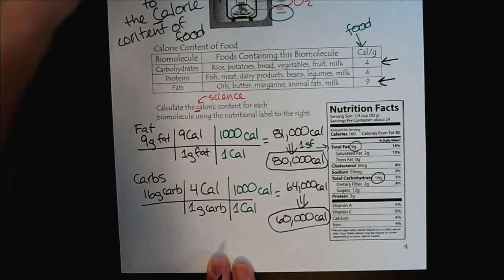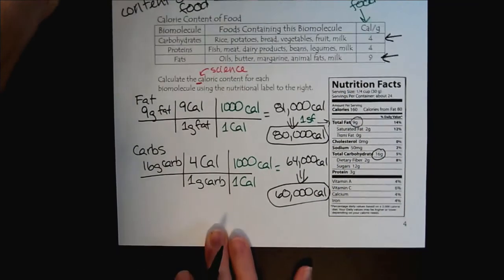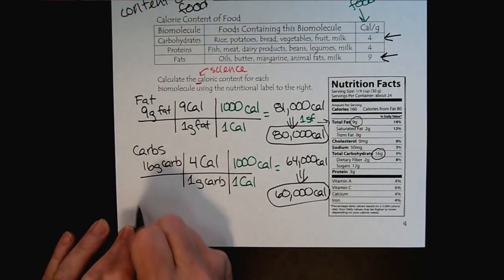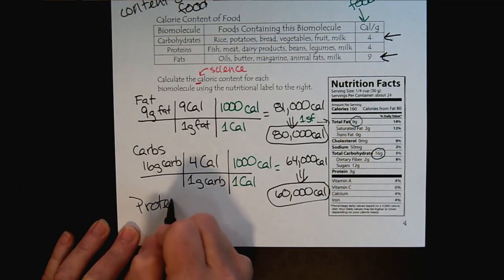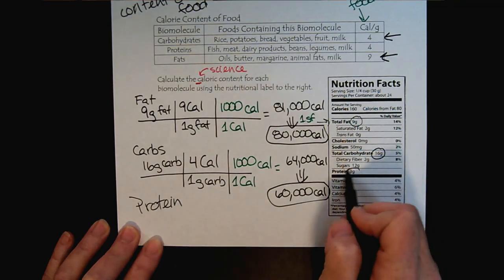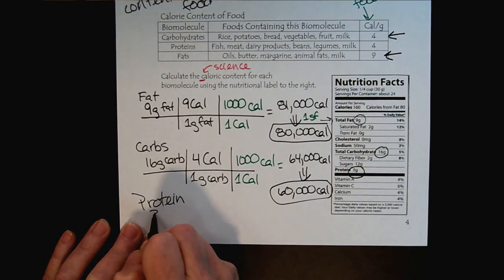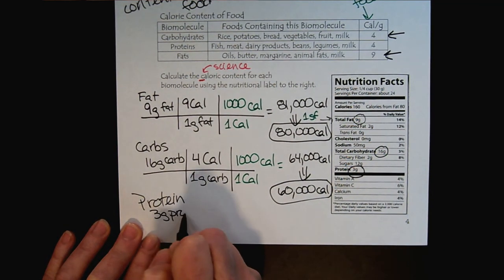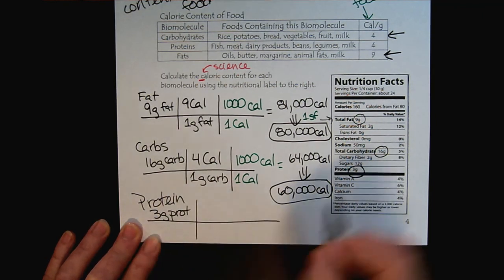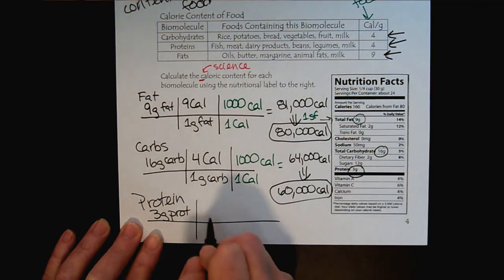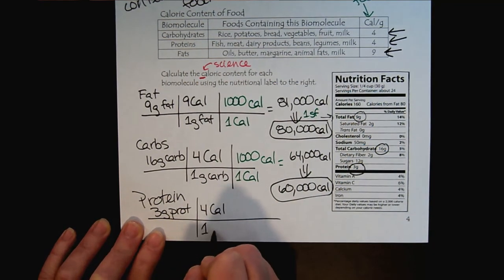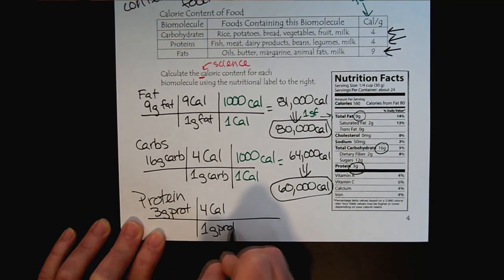And then last but not least, we'll look at the protein. So the protein on our label is 3 grams. Our chart tells us there are 4 calories for each gram of protein.